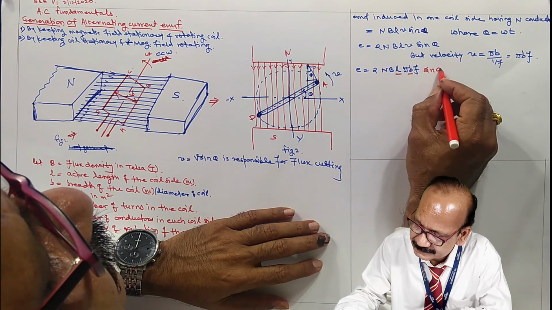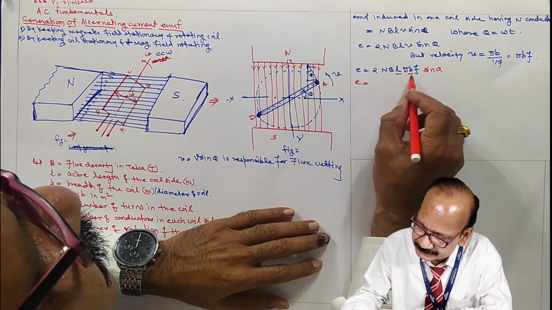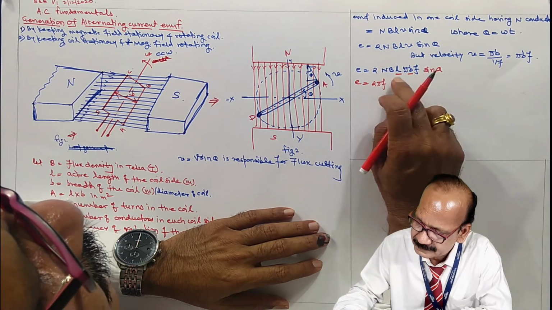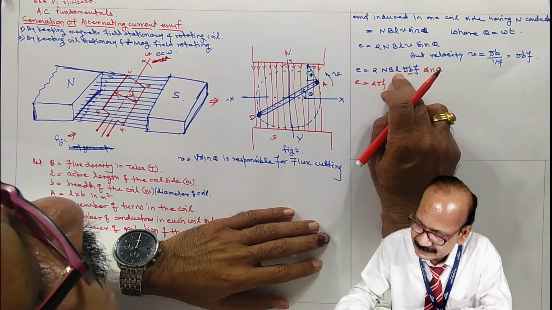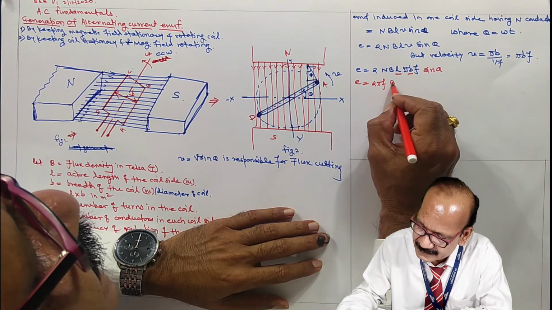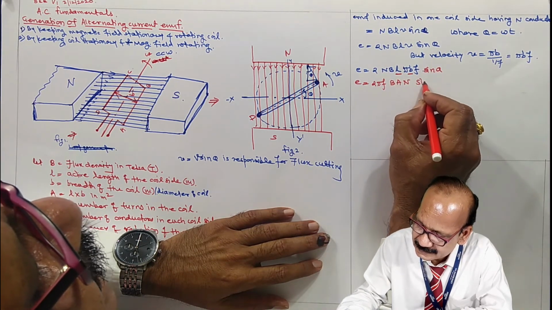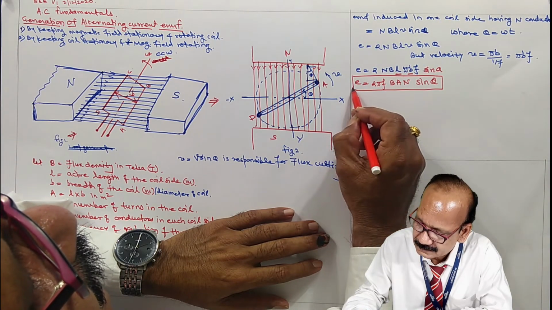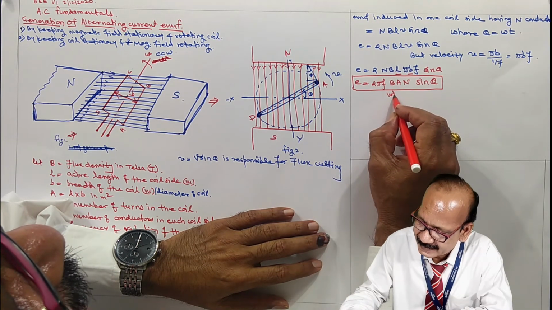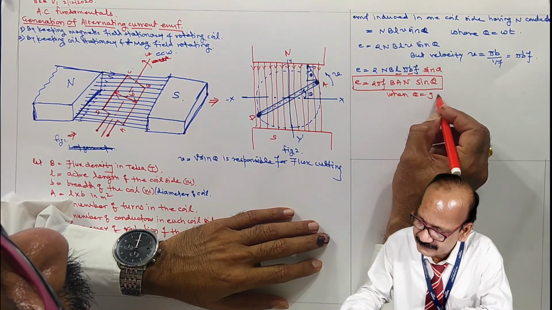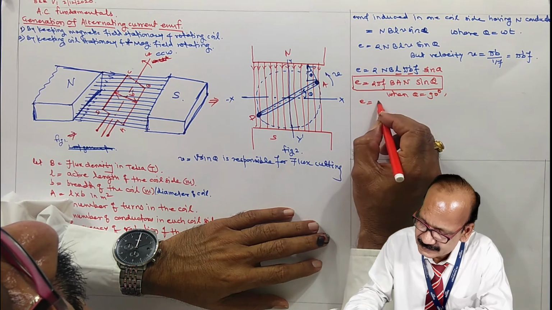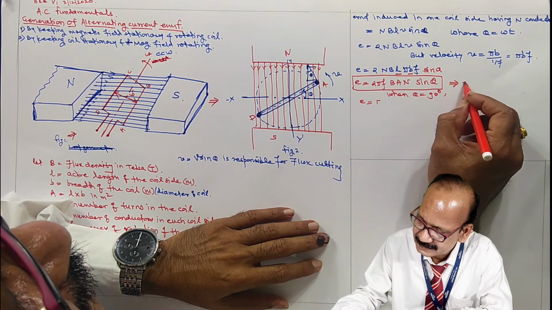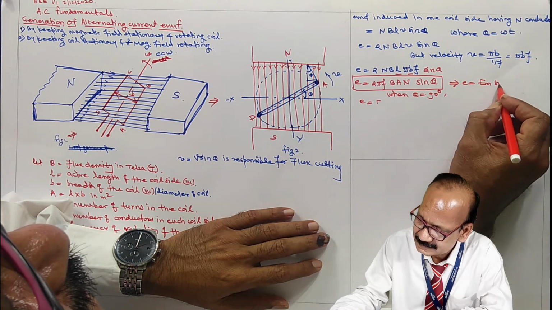And therefore here, e equal to 2 pi f, then L into b is A, so B A N sin theta. So this can be written as equal to E max sin theta.